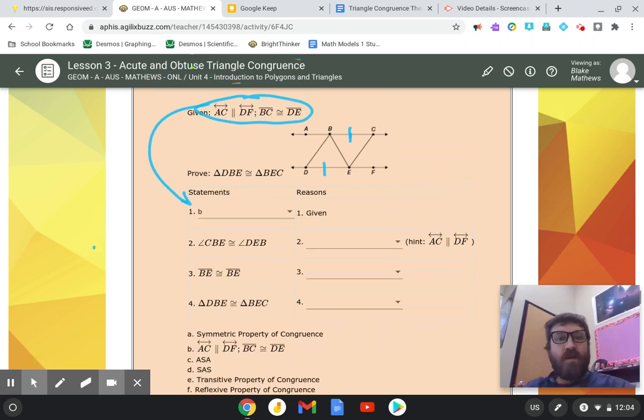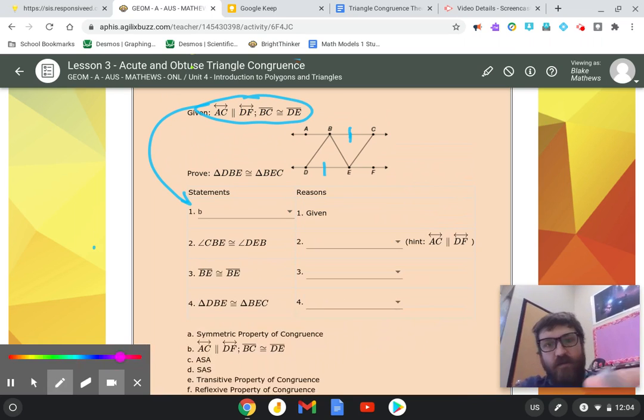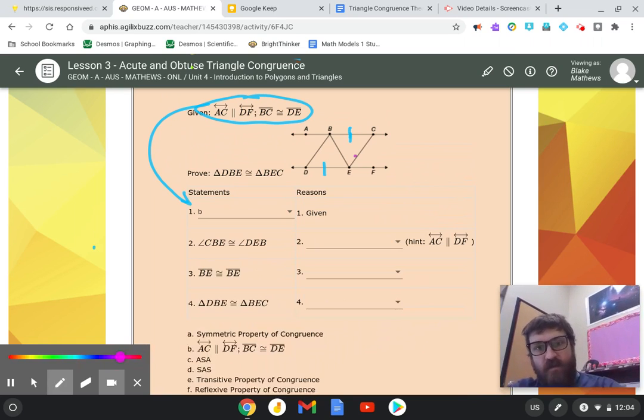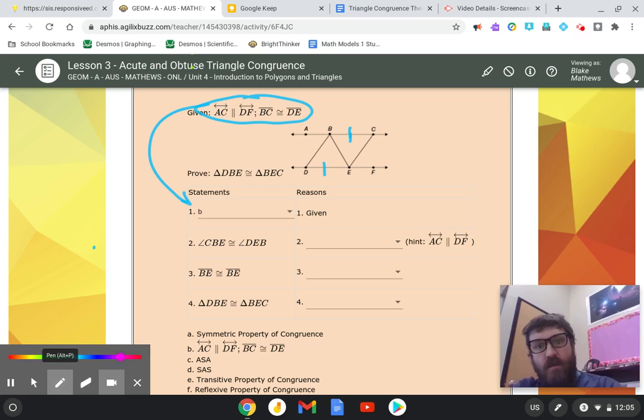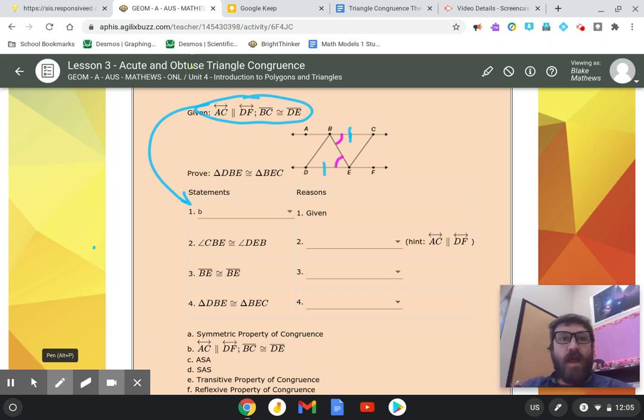All right. So now we look at this. It says angle CBE is congruent to angle DEB. Let's look at that. Angle CEB, that's this one, is congruent to angle D. Oh, I did that backwards. Let's erase that. It says angle CBE is congruent to angle DEB. So hopefully you remember this from our last unit.